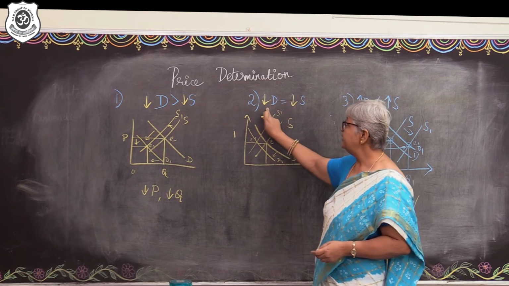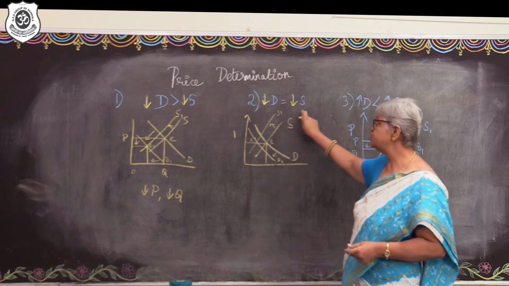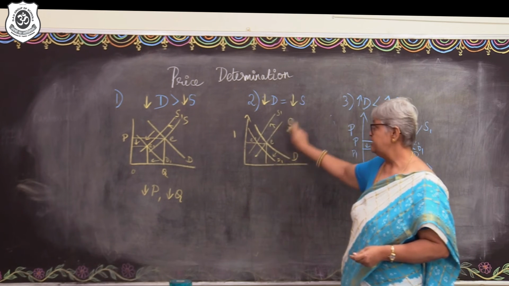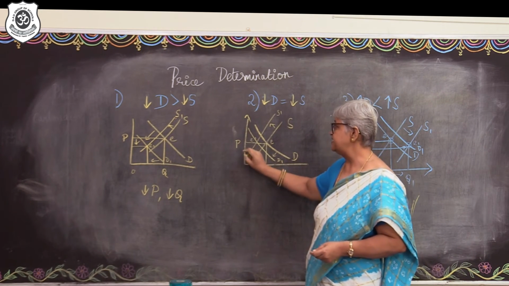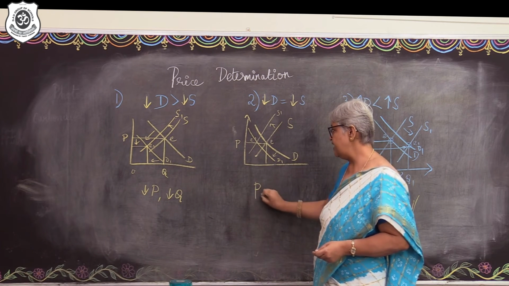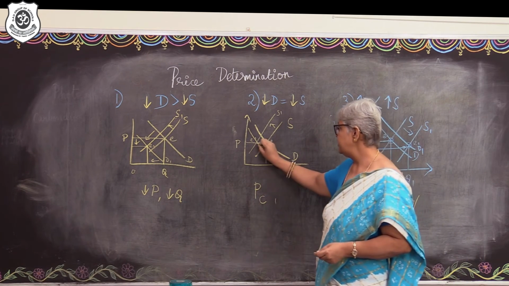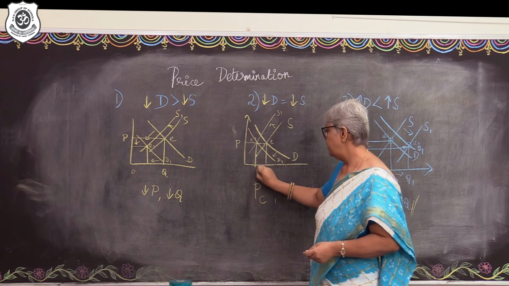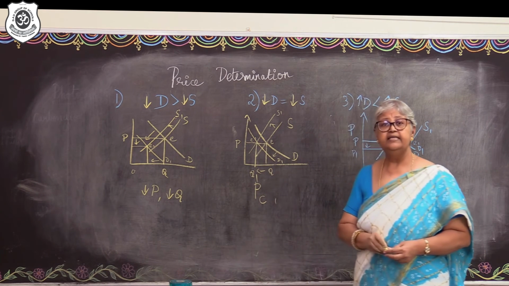And when fall in the demand is going to be matched by a fall in the supply, you see that there is no change in the price. At the same price or at a constant price, right, there would be a fall in the quantity in the market.